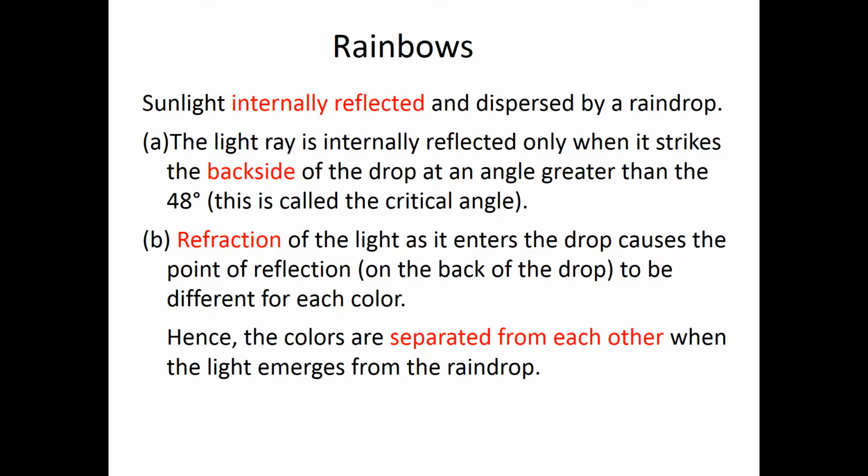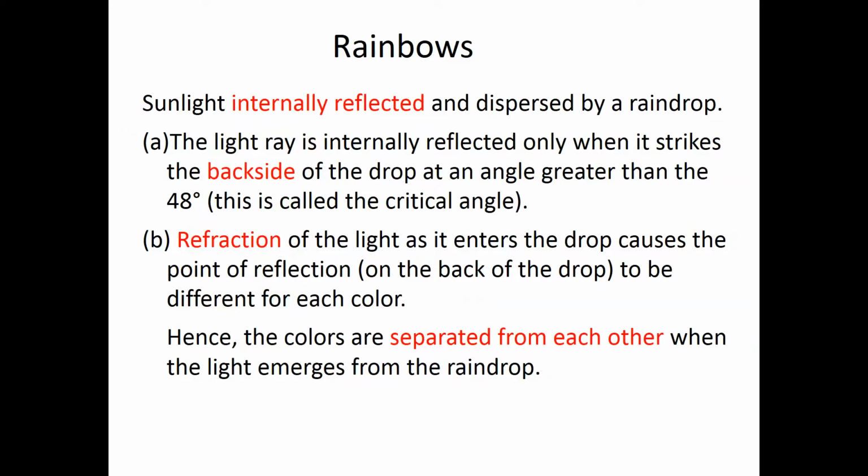So what you need to know is in order for rainbows to form, you need a few things. One, you need sunlight. Two, you need water droplets, specifically large raindrops. And what happens is when sunlight hits those raindrops, the moment the sunlight enters the raindrop, it is refracted.